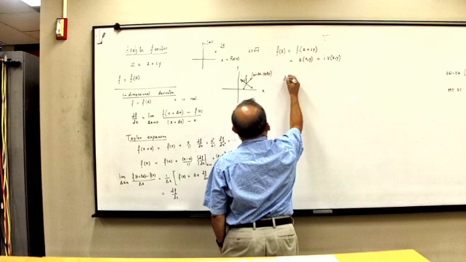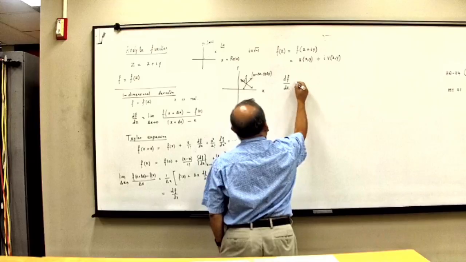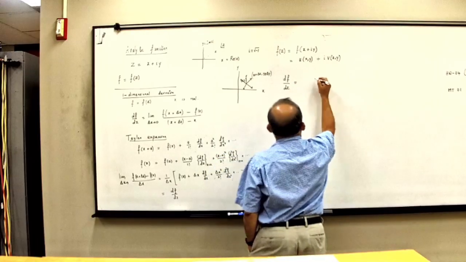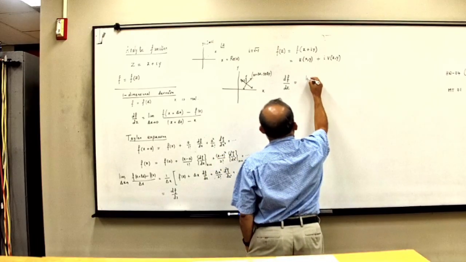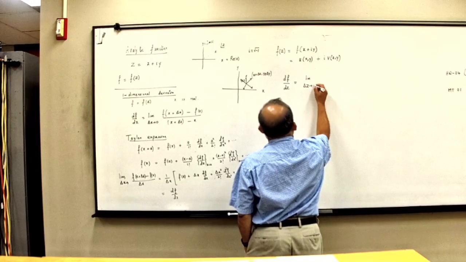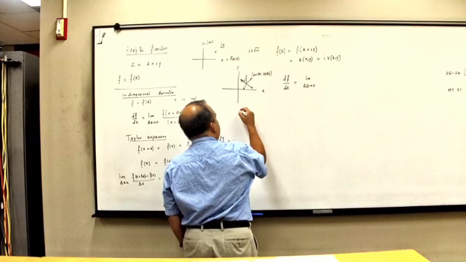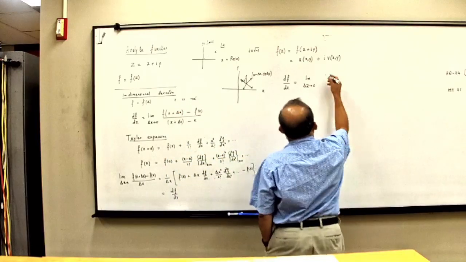So let's define our derivative, df by dz, as the limit delta z going to 0, where delta z, I'll write it in the denominator here, right?